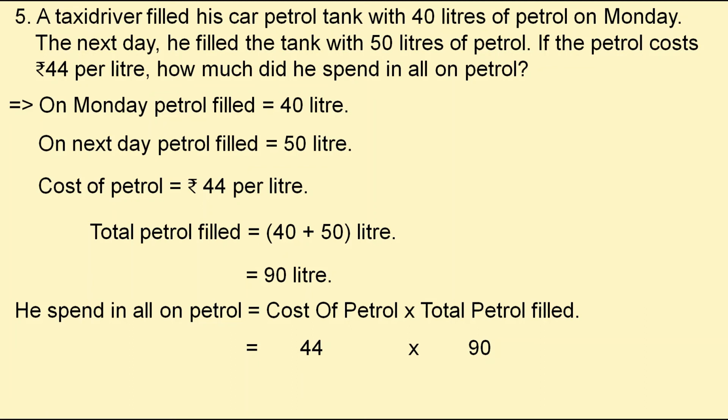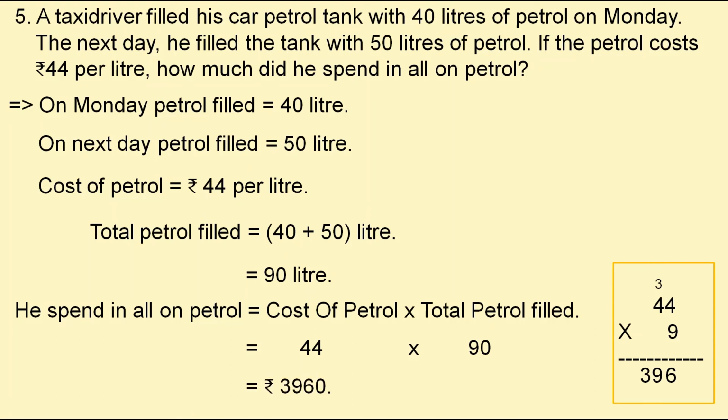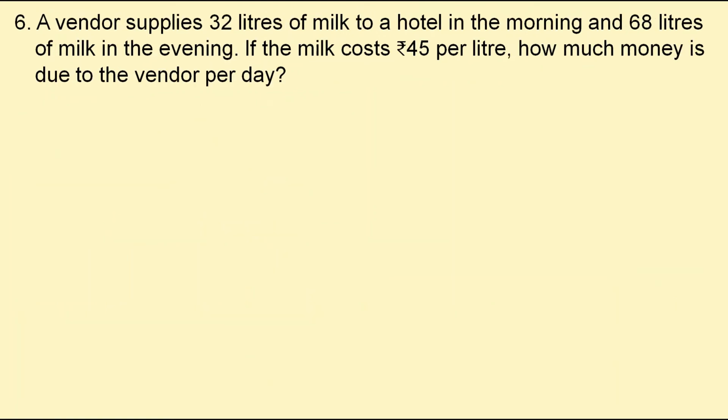So we have to multiply this first. 9 4s are 36, so 3 is on carry. 9 4s are 36 plus 3 is 39. So the final answer of this question is 3,960 rupees.